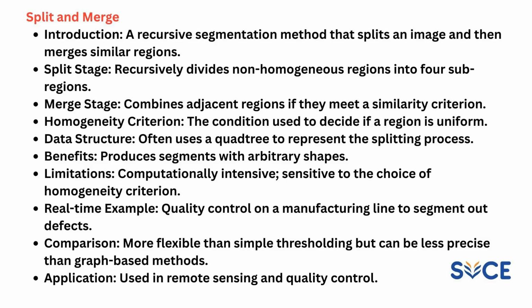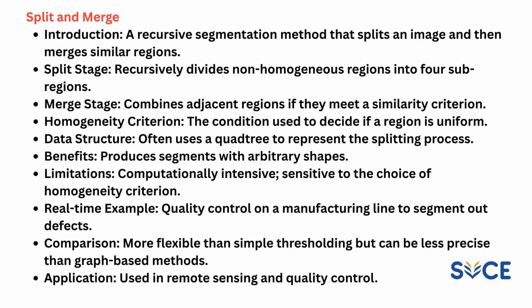It's a method that uses both top-down and bottom-up approaches, which makes it quite unique. The core idea is simple. You first divide an image into smaller parts and then you put the similar parts back together. It is a recursive process that is perfect for finding regions that are not fixed shapes like squares or circles.